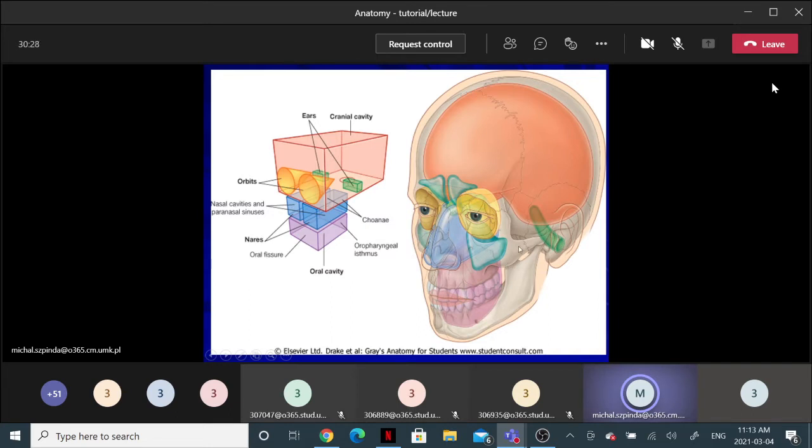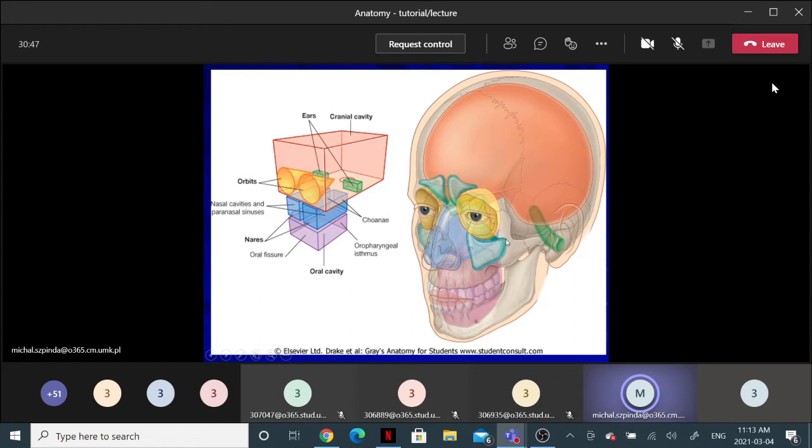Afterwards the infratemporal fossa is continuous medially with the pterygopalatine fossa.